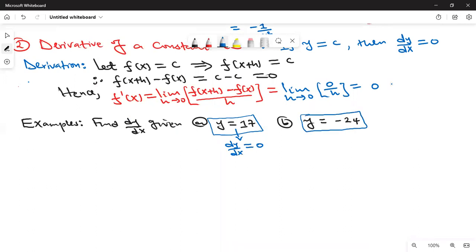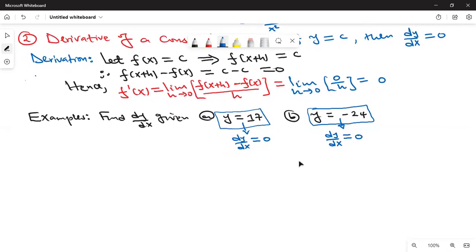Negative 24 is a constant. So when you differentiate that, you get dy/dx is equal to 0. Both of them are constants. So that's what you need to take note of, that when you have a term that is simply a constant, does not depend on x, and you're differentiating, then your result should always be equal to 0.